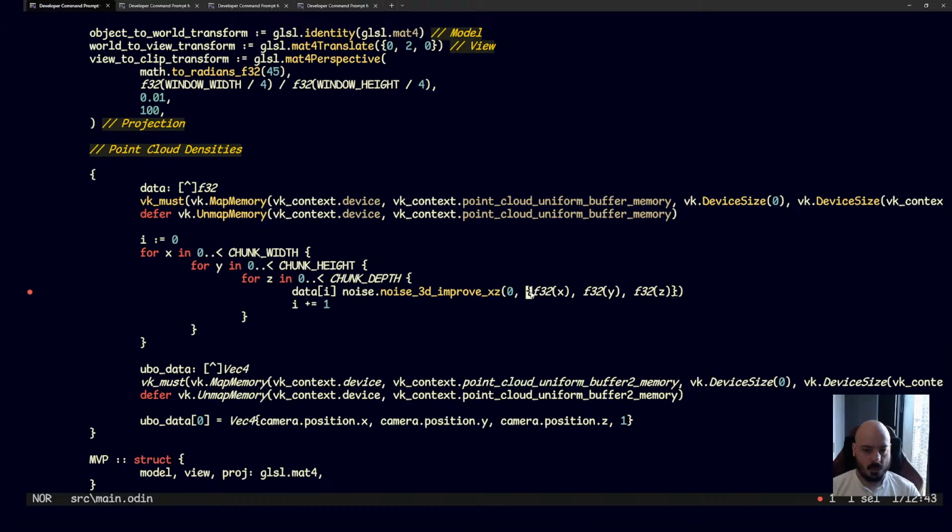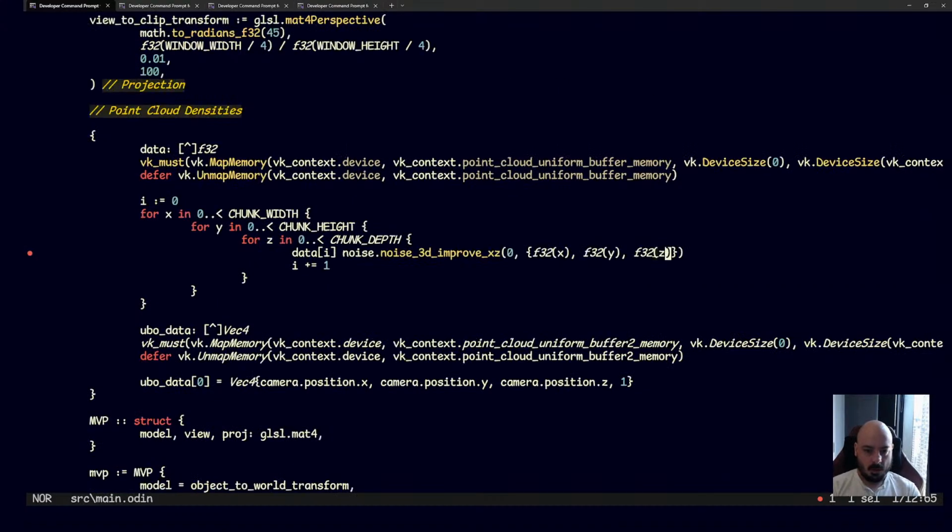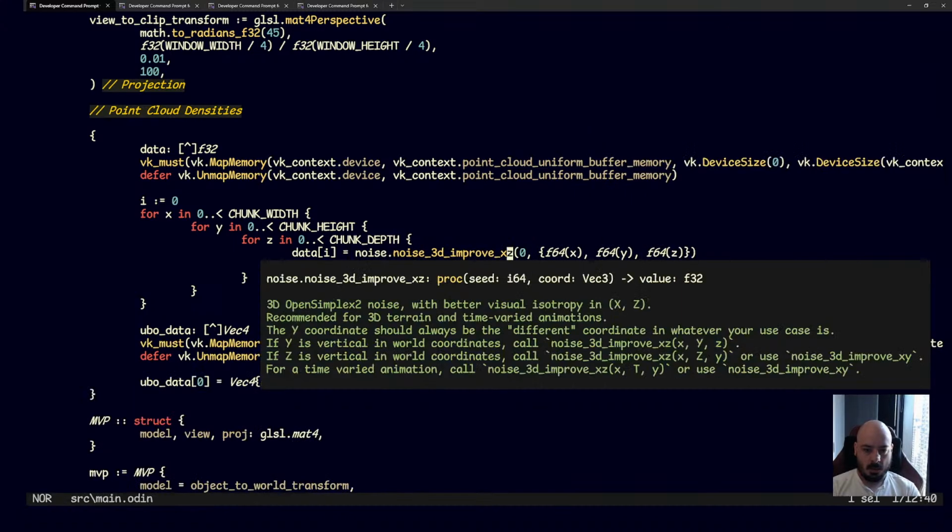Right. What's wrong with this? Oh, we need actually... Whoops. This function takes 64-bit floating point numbers. Which was not the problem. I do not have an equal signs here. Well, it is a problem, but... Okay. This is definitely not going to work. I'm pretty sure.